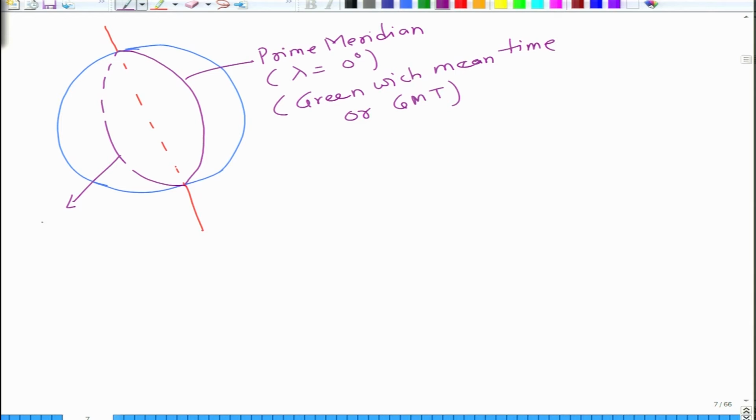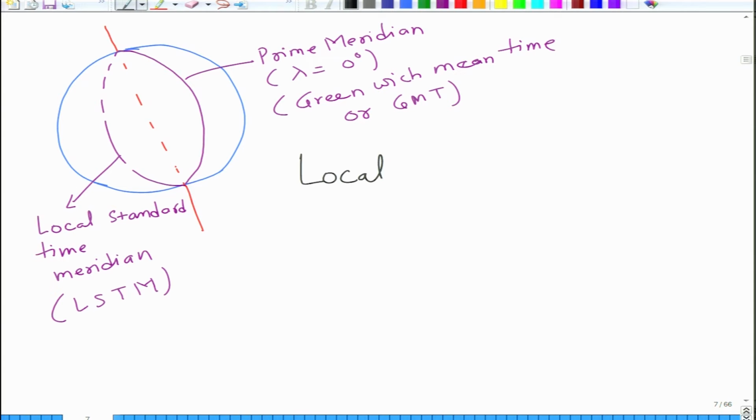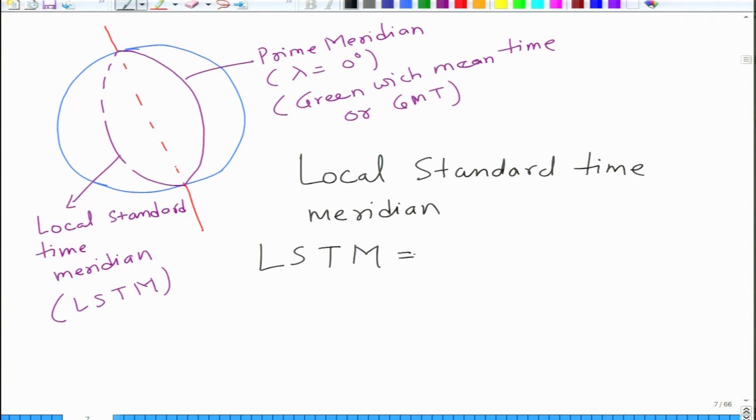This is the local standard time meridian, which is called LSTM. So the local standard time meridian at the local place, LSTM, is essentially 15 degrees multiplied by delta T GMT.